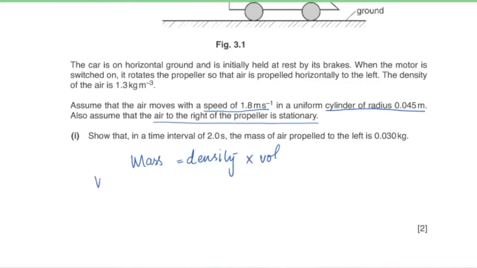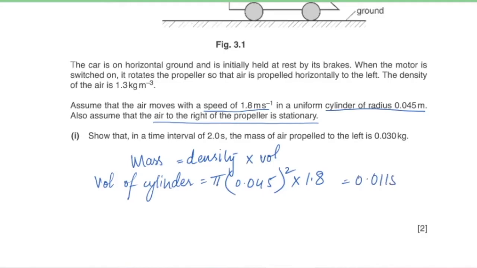So volume of cylinder is equal to pi r square h, where radius is 0.045, and the length this mass of air covers every second is 1.8 meters, which is 0.0115 meters cubed.